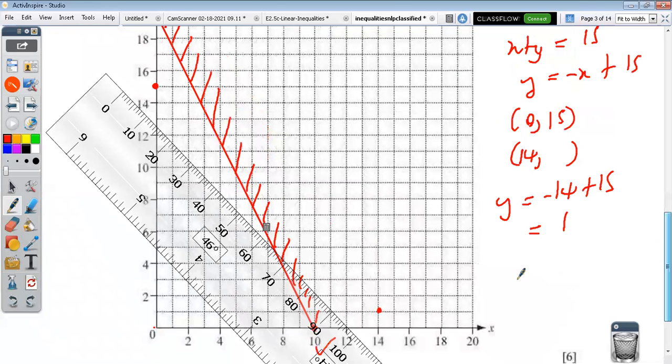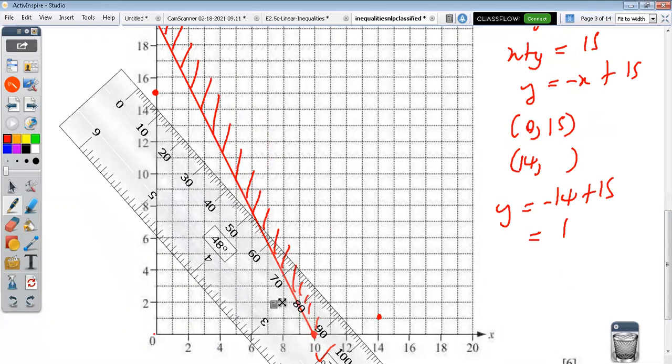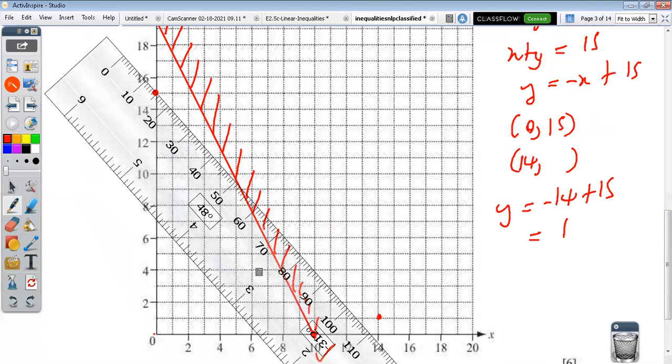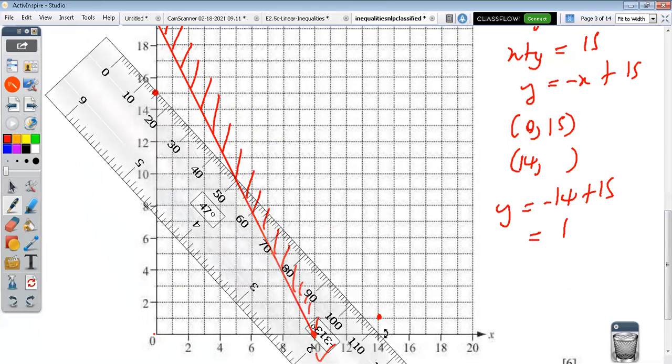Anyway, we want from this point here. Oh, so it has to go the other way up. Sorry.